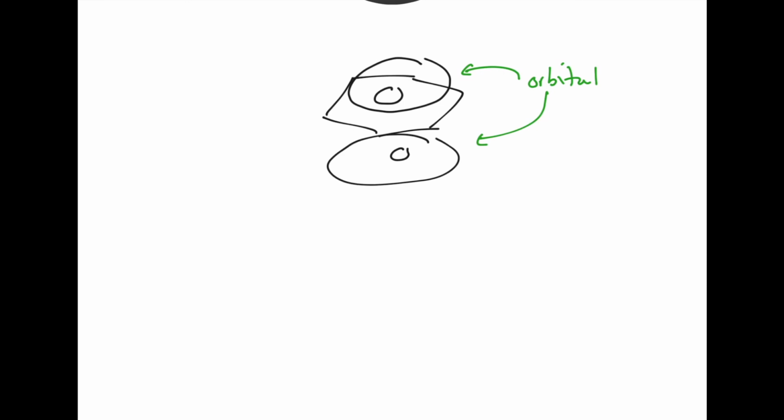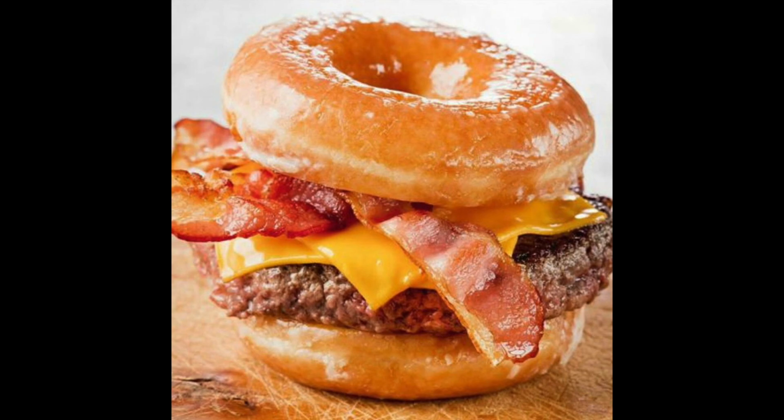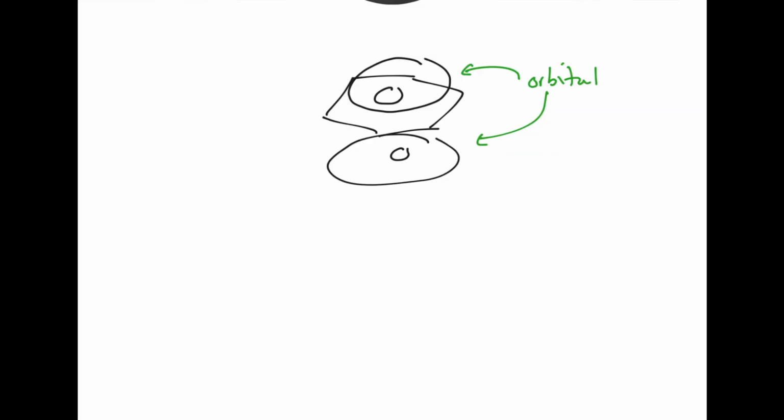Think of it like a hamburger with donut buns, which is a thing that happens for some reason. You've got donut, burger, donut. Here you've got electron donut, carbon burger, electron donut. So you lose the distinct double bonds because those electrons are moving around so fast, you just make one big orbital so they can move quickly around.